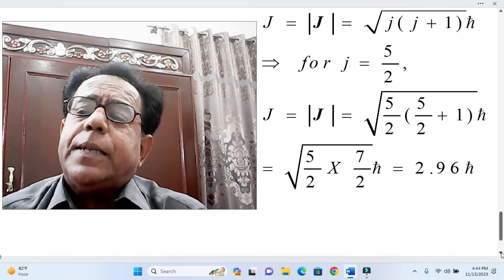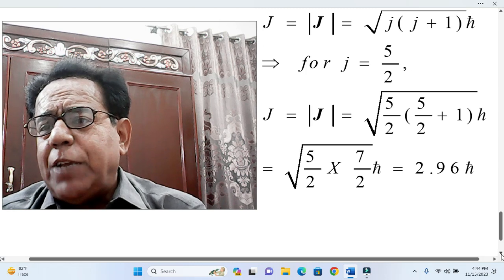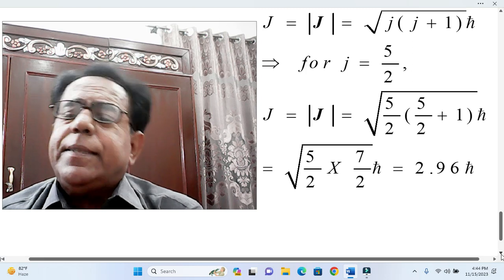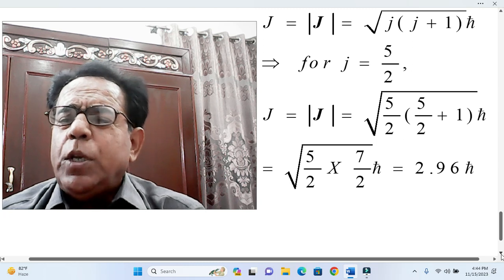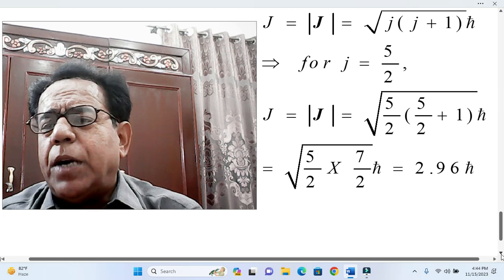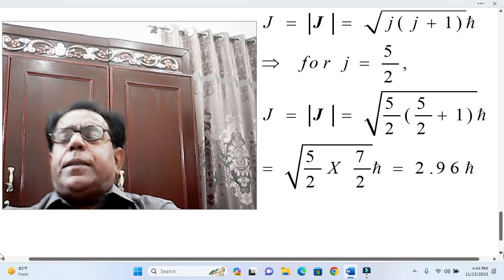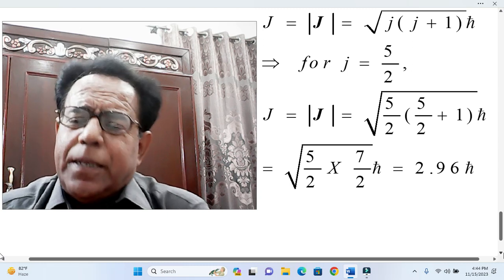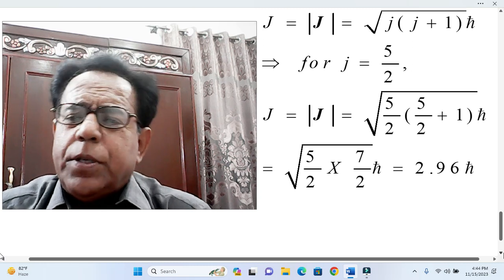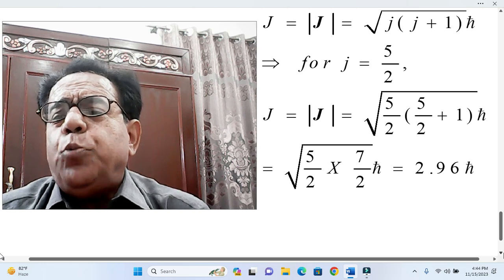This alternatively becomes root of 5/2 into 7/2, times h cut, and this is equal to root of 35/4 times h cut. When we divide 35 by 4 and then take its square root, it becomes equal to 2.96.